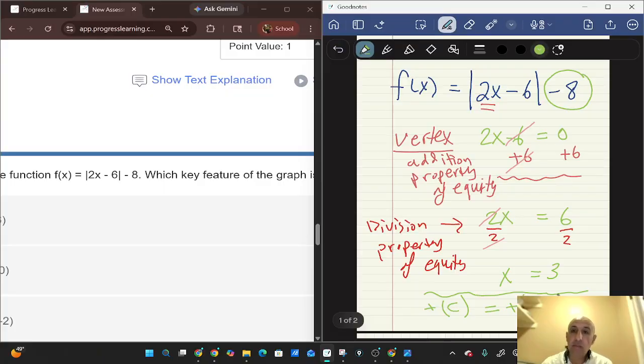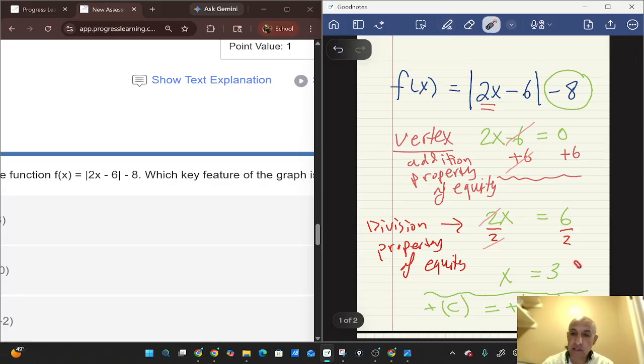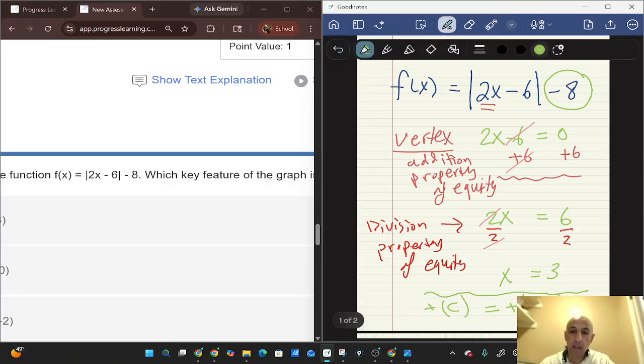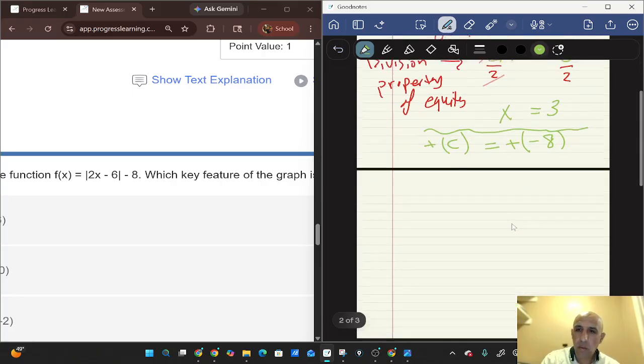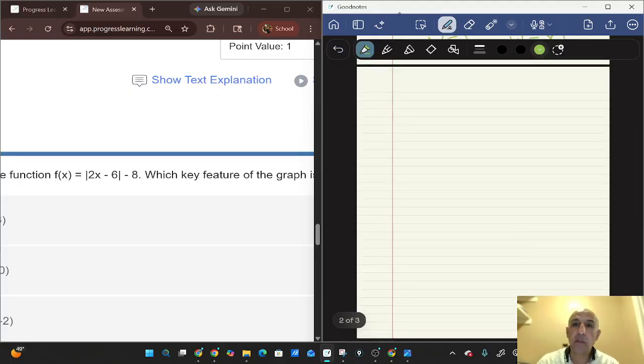So finally, we take the vertex like this, 3 and negative 8. So here is the conclusion now, that the vertex will be like (3, -8). So we write down the vertex as (3, -8).